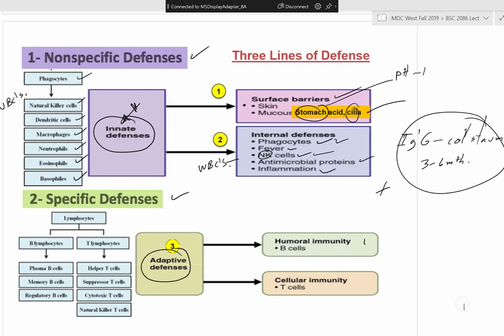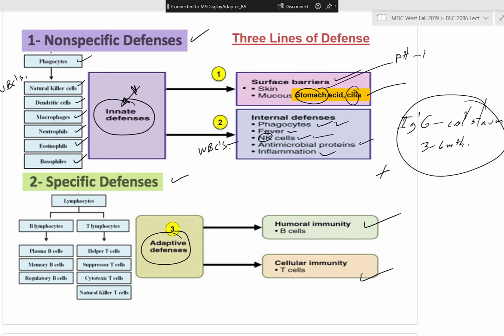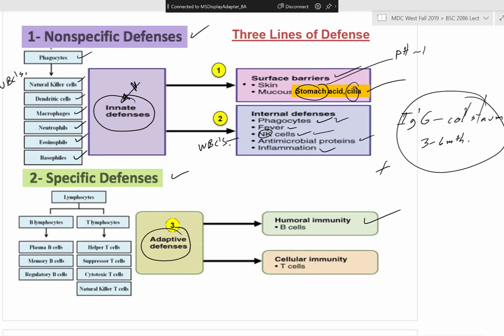It's either through humoral or through cellular immunity. What is humoral? Humoral means the creation of B cells. So this takes, again, days to weeks, correct?